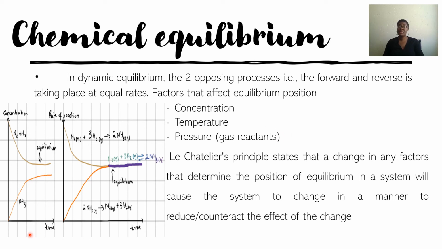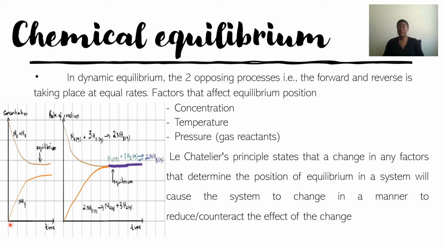You can represent chemical equilibrium by plotting, say, concentration against time. Then the concentration of your reactants starts at the very top, at the highest, and then comes down, flattening and becoming constant at equilibrium.